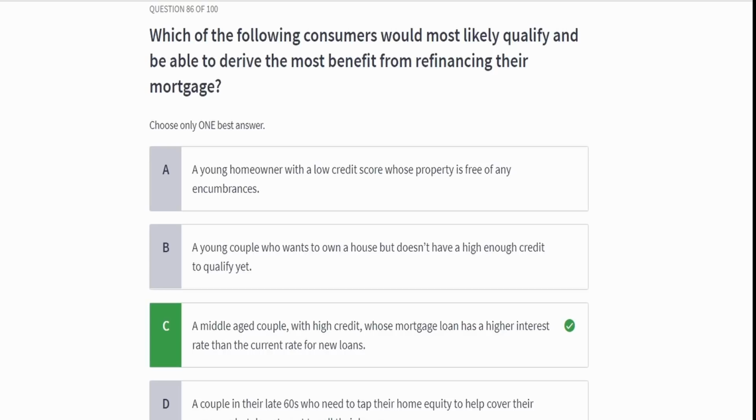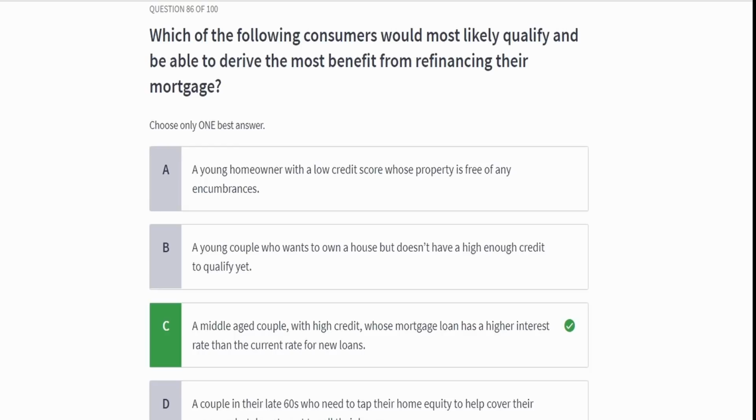So, for example, in this group of options, it says young homeowner, young couple, middle-aged couple, couple in their late 60s. That really doesn't matter in most cases unless they're talking about a reverse mortgage per se. But in our case, it's just giving us a bunch of random different people.